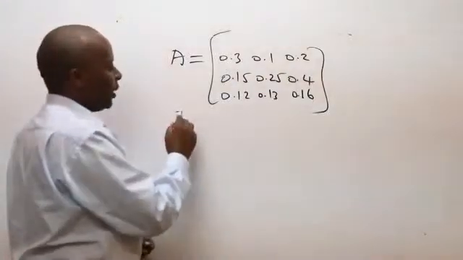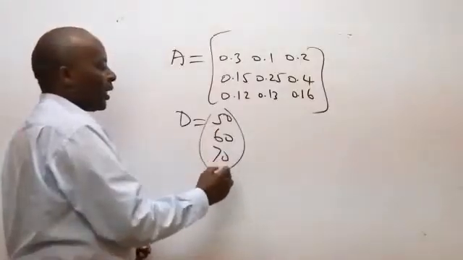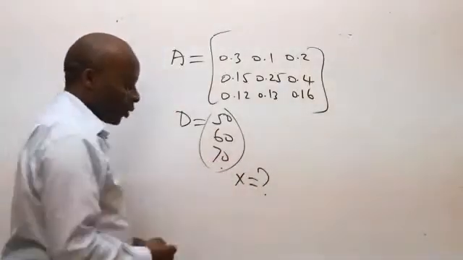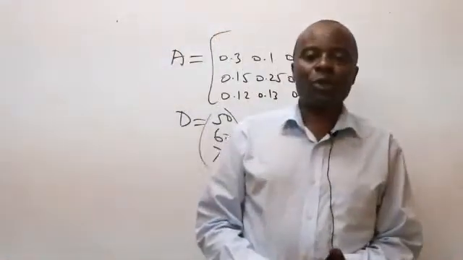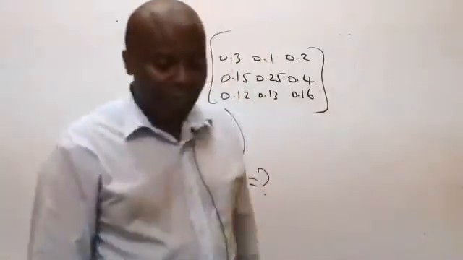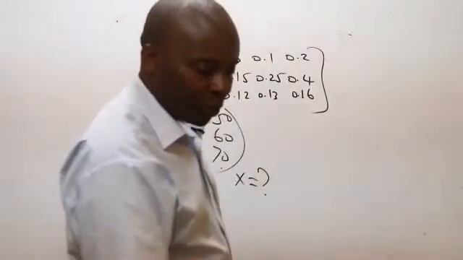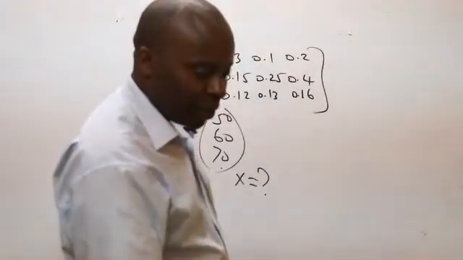And then I'll give you D of say 50, 60, 70. And then I'll ask you to get us the total output. What do you think is the technical thing to be done there?